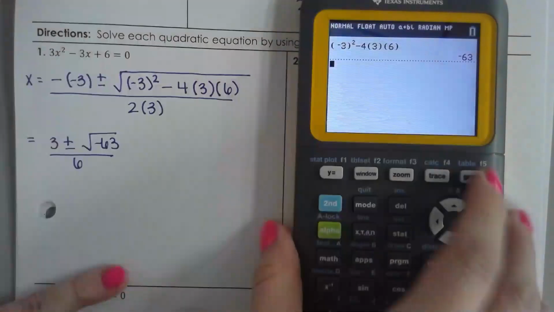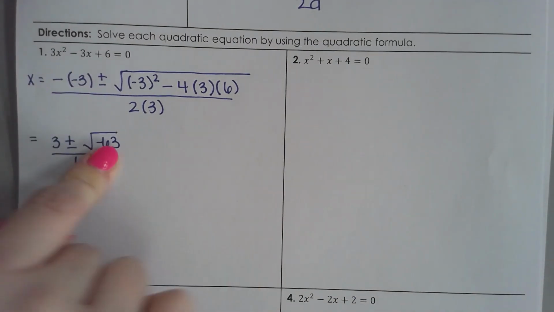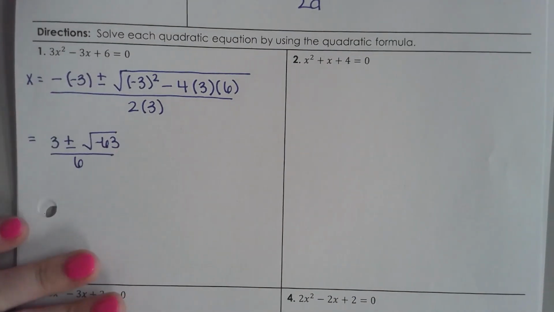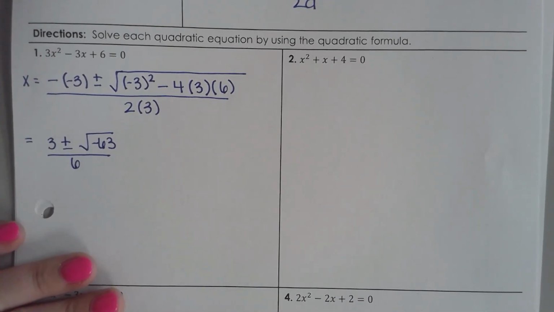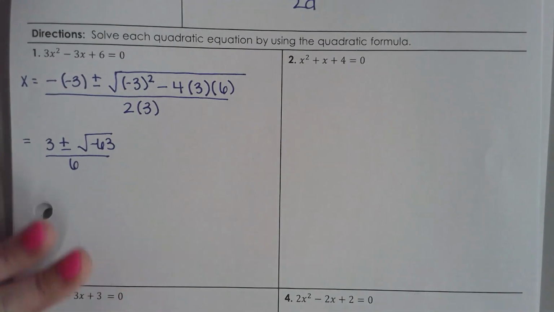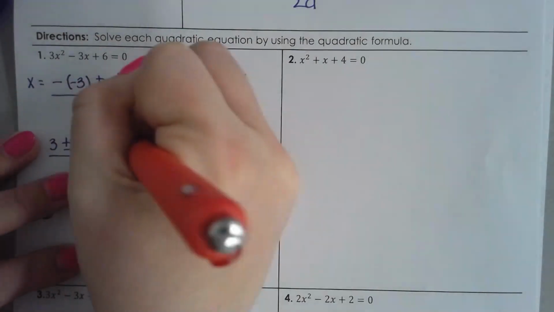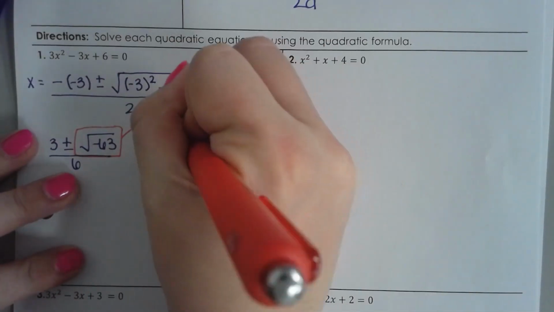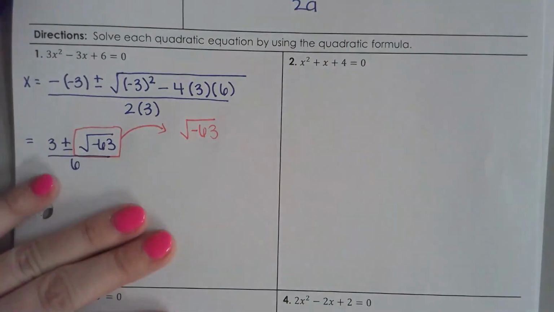Okay. So first of all, this square root is negative, so I know for a fact I'm going to have to pull out the negative. Is the 63 a perfect square? No. So I'm going to go to the side and I'm going to break down the square root of negative 63.